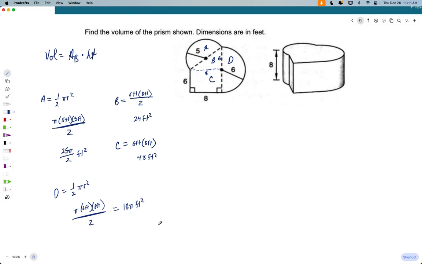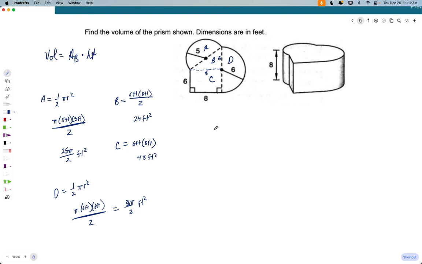All right, so now we just add all of these together. Actually, I'm going to back up with this one, and I'm going to say that this is 36 pi over 2 feet squared, just so we have a common denominator. It's going to let me add these two together. So 25 and 36 is 61 pi divided by 2.